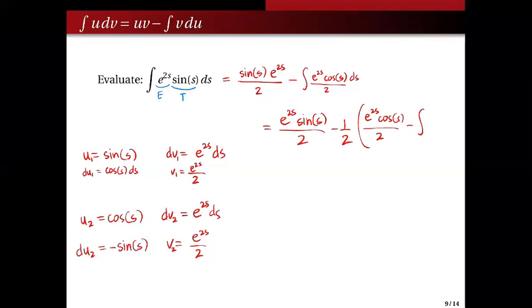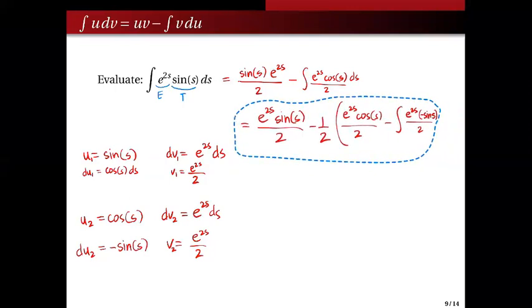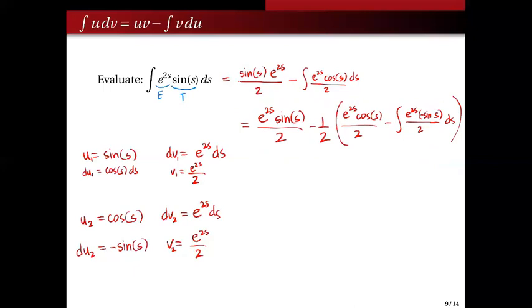You will have e to the 2s over 2, but I'll write that later, so times negative sine s over 2. And then, of course, I have the ds here. So we have the sine s in here, and then the ds, and then we close the parenthesis.